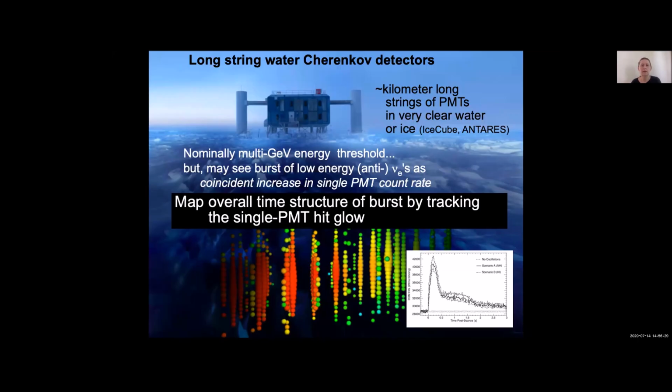And the answer is that, rather than observing neutrinos one by one, they're able to see an overall glow in the ice by tracking the single photon hits from the phototubes all at once over the 10 seconds of the burst. And this enables a very nice time profile measurement of the neutrinos in a supernova burst. And actually, very good timing is possible, although it integrates all the energy. It's not an event by event kind of thing.